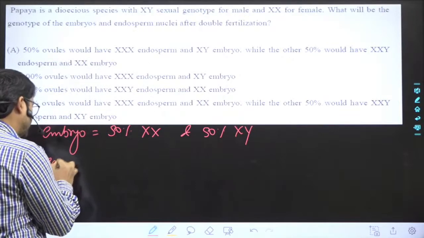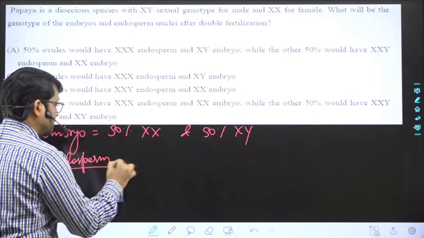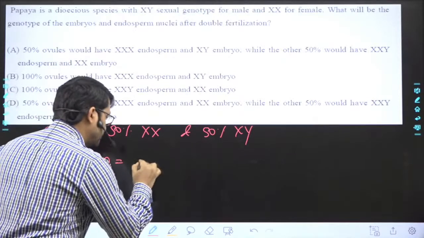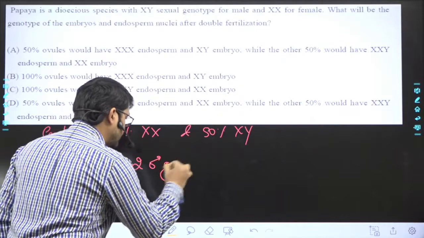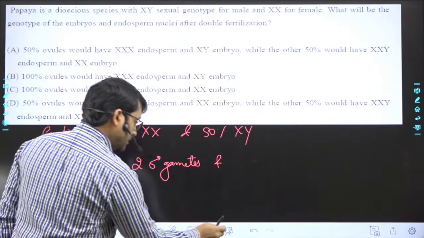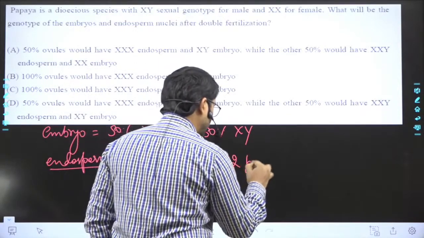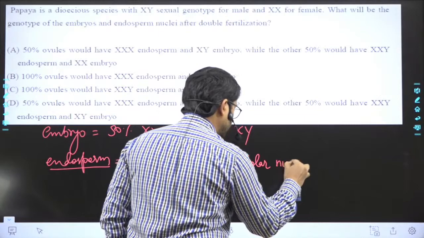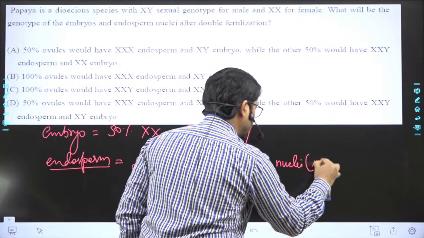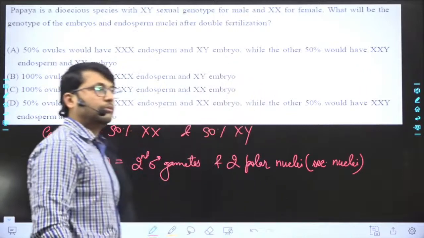What about endosperm? देखो endosperm बनता है कैसे? By the fusion of the second male gamete and two polar nuclei, जिसको कि हम लोग secondary nucleus भी बोलते हैं. Right? This all you know?